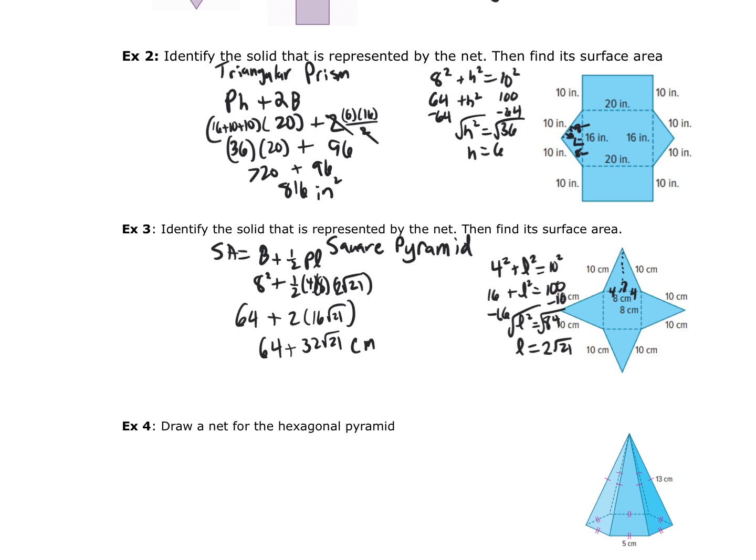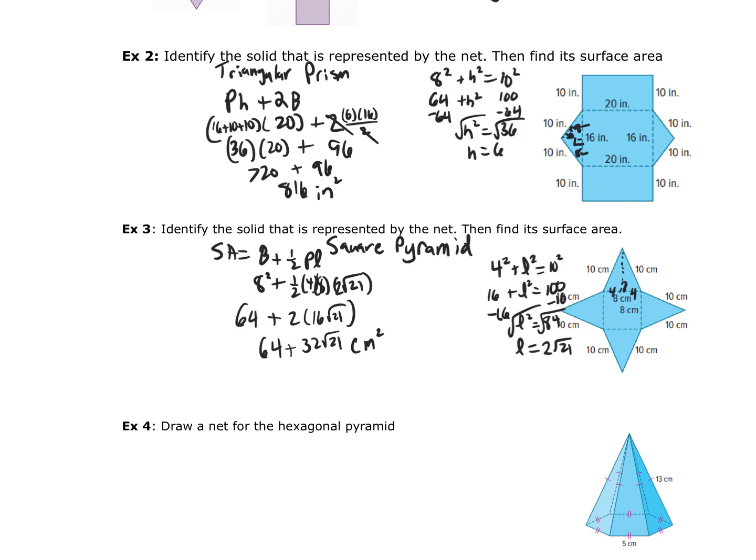I could approximate that. Square root of 21 is 4.58 thereabout. Multiply that by 32. And then add 64 to that.